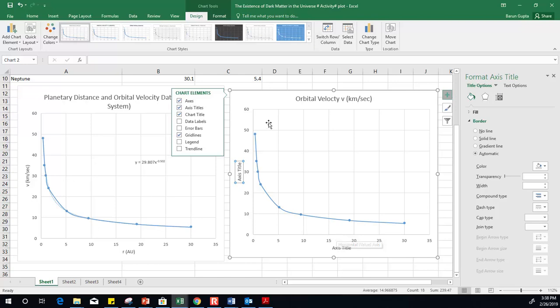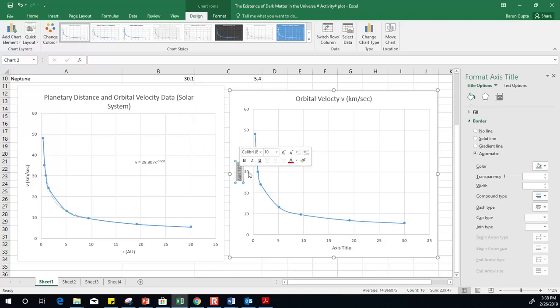So what is on this axis? This is your velocity, and the unit should be kilometer per second. And what's this axis here? This axis is your distance r, which is in astronomical units, AU.